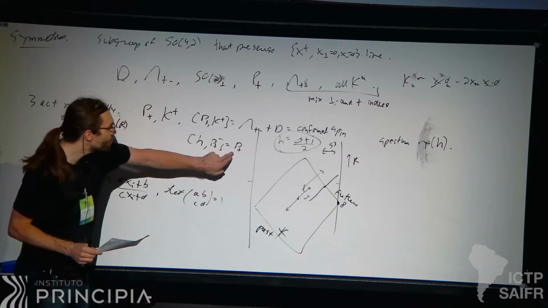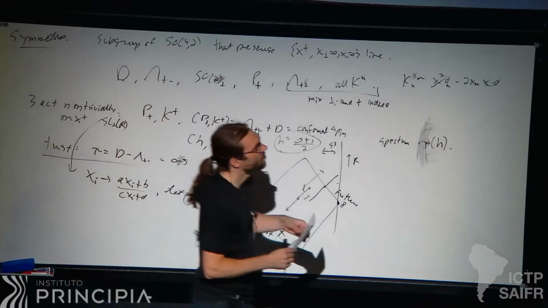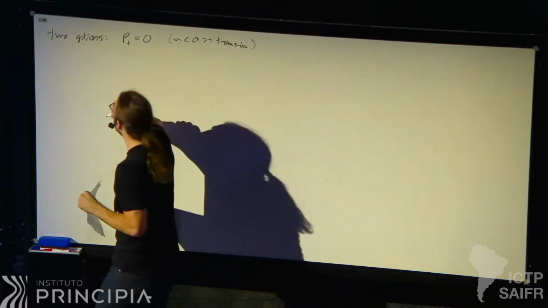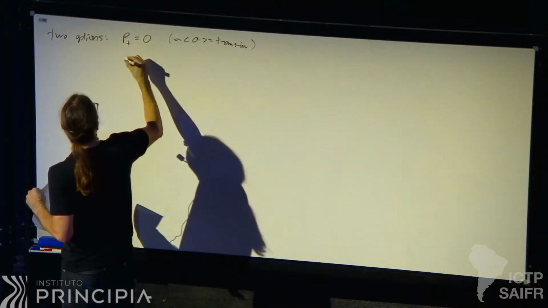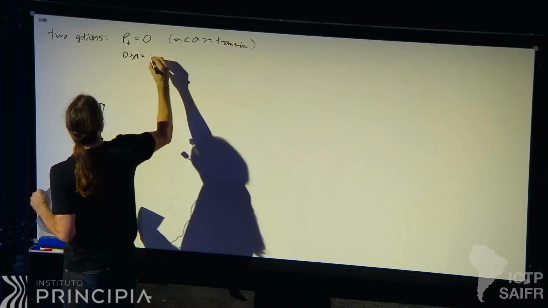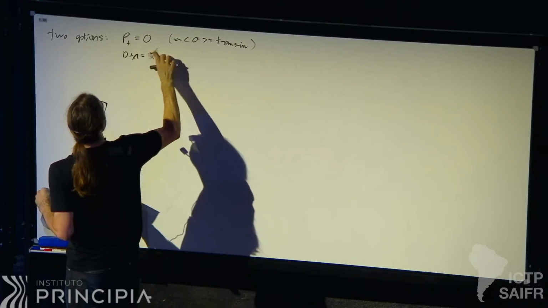But when P is equal to 0, you can actually diagonalize both. And that's very convenient because we've diagonalized two things. So let me call this d plus lambda equals some number, h.